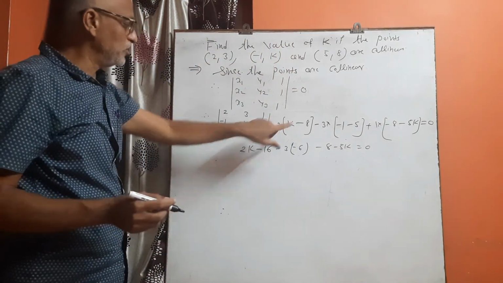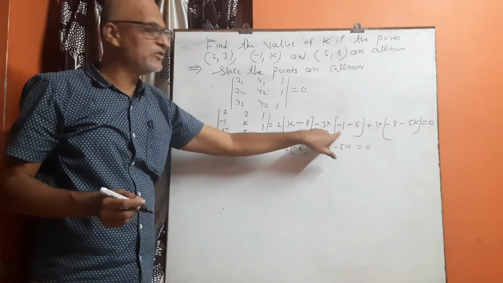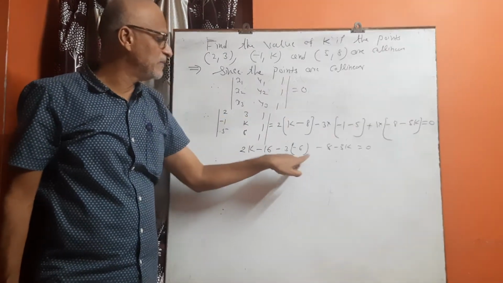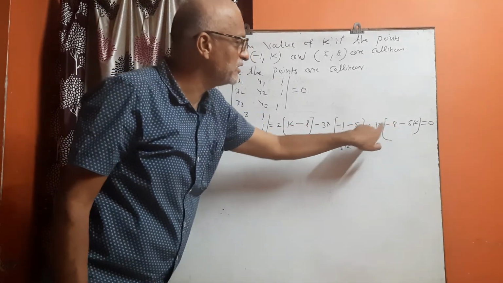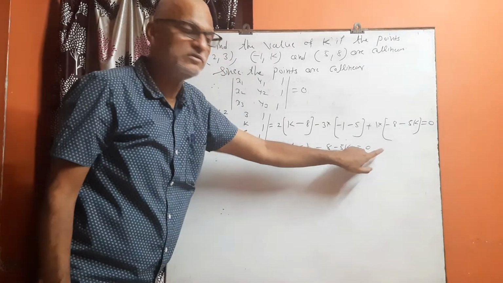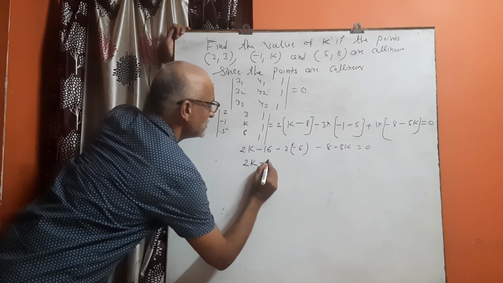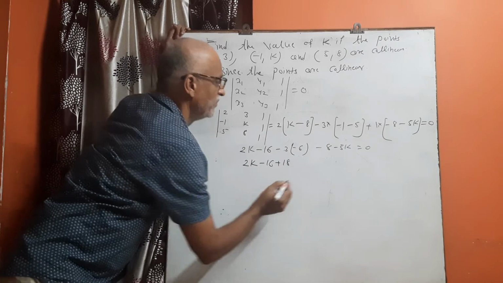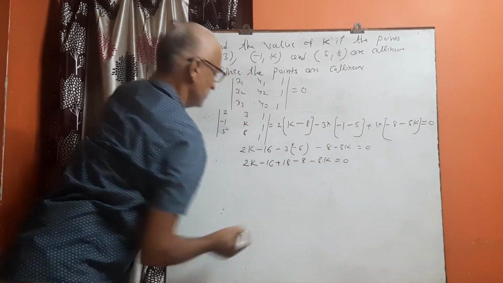I repeat again, 2 into k is 2k, 2 into minus 8 is minus 16. Here there are only numbers, so you can solve this bracket first. Minus 1 minus 5 is minus 6, so minus 3 into minus 6. Here again there are not only numbers, so 1 into minus 8 is minus 8, 1 into minus 5k is minus 5k, equal to 0. So 2k minus 16 minus 3 into minus 6, that is plus 18, minus 8 minus 5k is equal to 0.